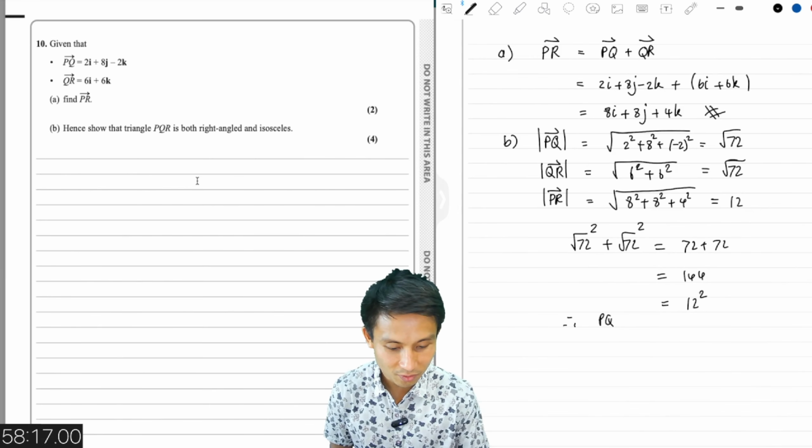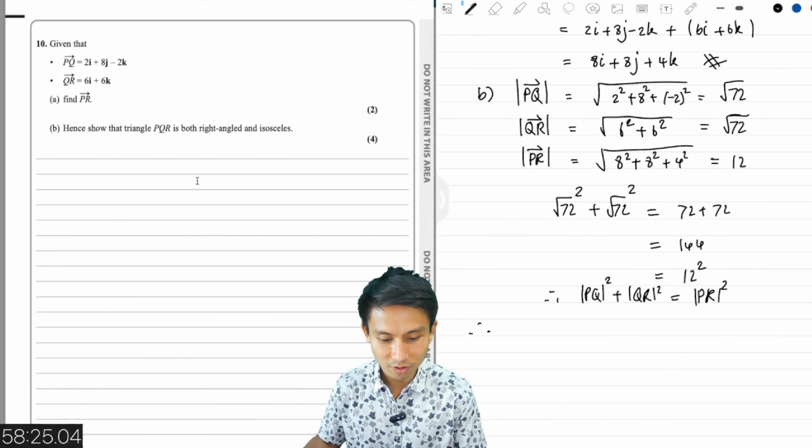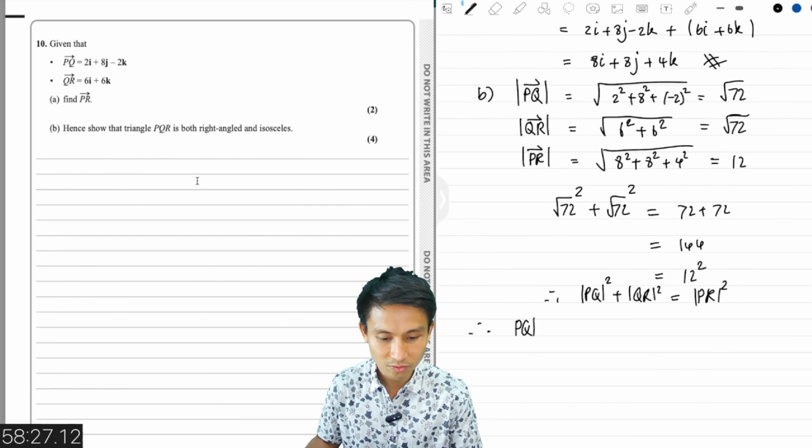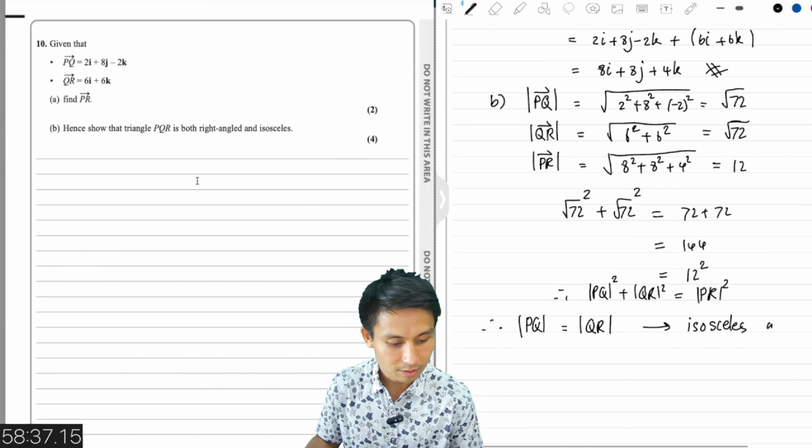Therefore, PQ squared plus QR squared equals PR squared. Therefore, PQ equals QR. This is isosceles as two equal sides.